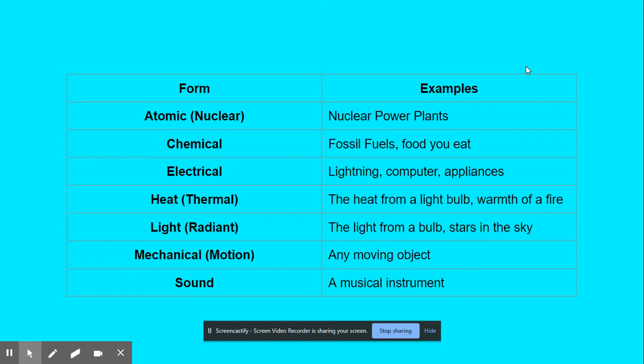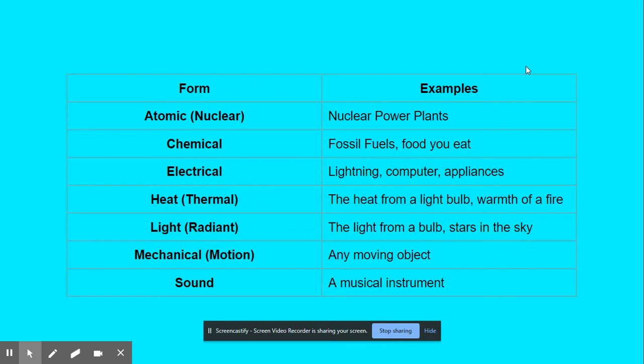Remember, atomic energy. I really highly doubt that you're going to be able to implement atomic energy into your Rube Goldberg machine. Chemical energy is fossil fuels or foods that you eat. Electrical energy is in the form of lightning, computers, appliances, anything that has to be plugged in. If you use a blow dryer, that can be an example of electrical and thermal energy.